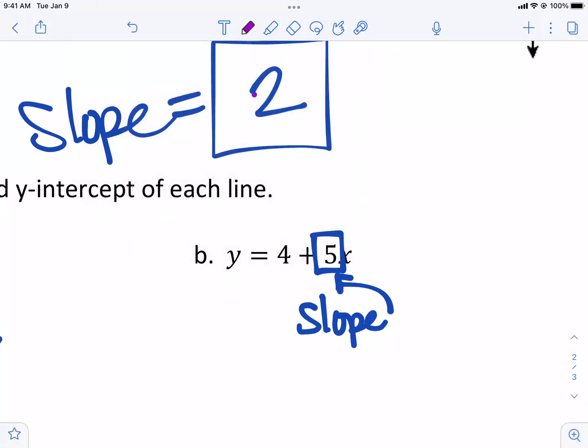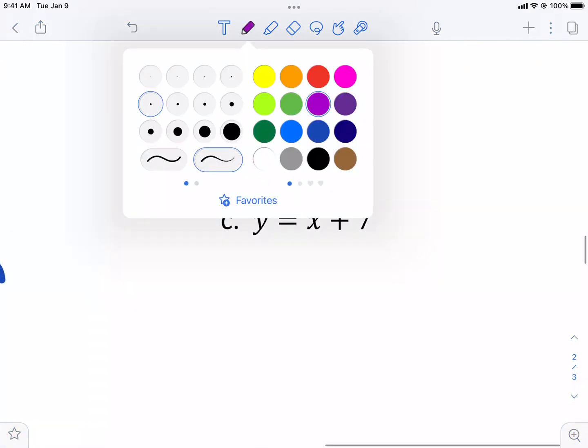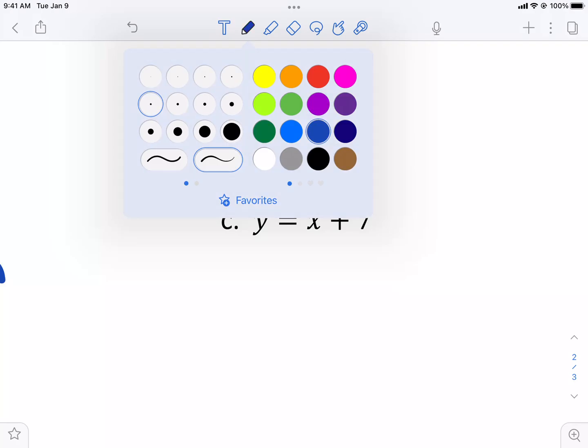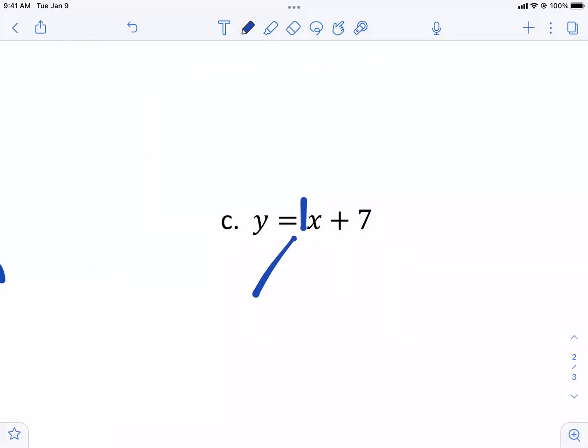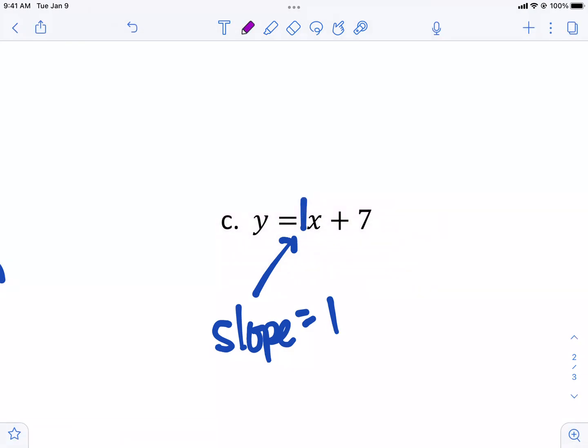So y-intercept is 4. All right, in C right here, the slope is 1. Because there's a 1x there, we don't often write the 1. But there is an invisible 1 there next to the x because there's one of them. And that makes our y-intercept 7.